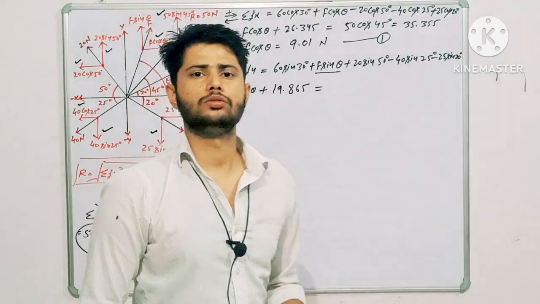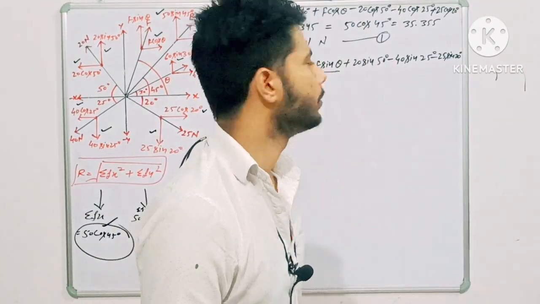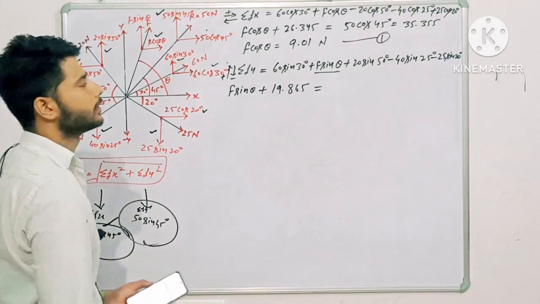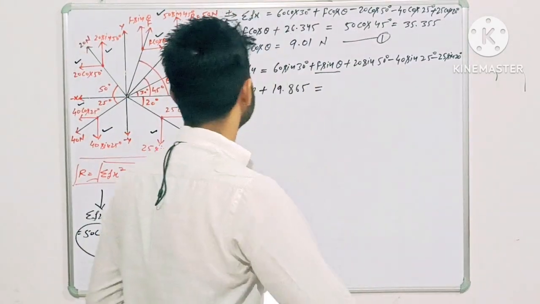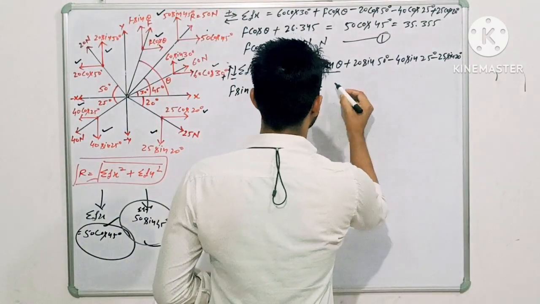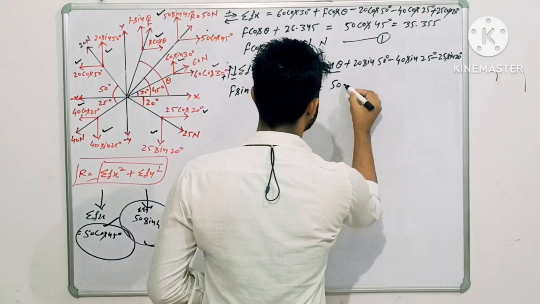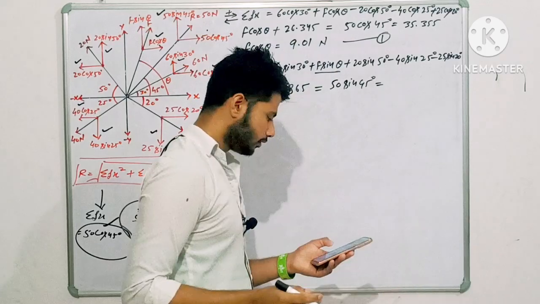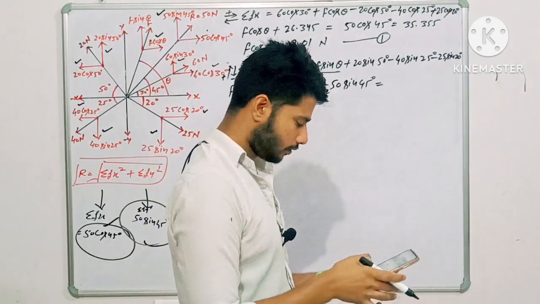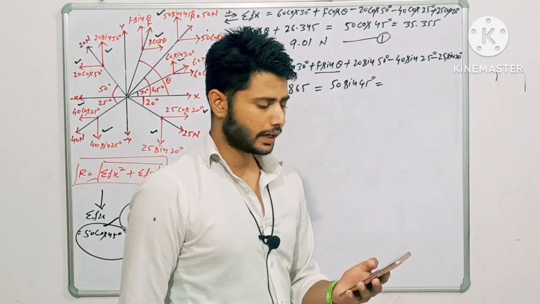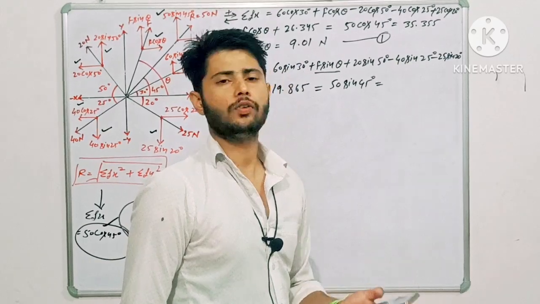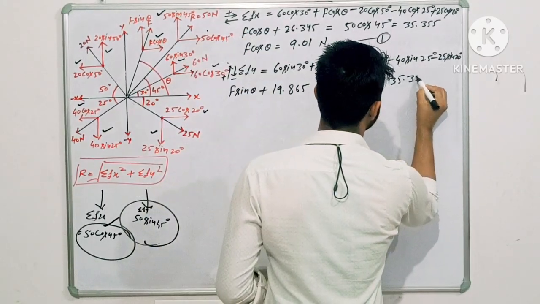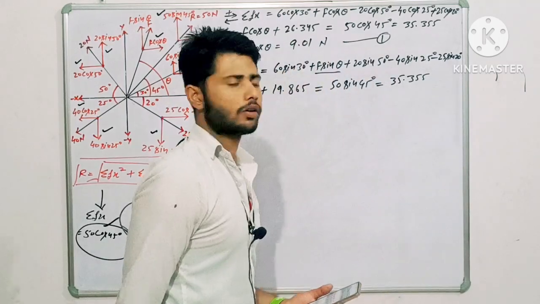This equation will be equal to the summation of all the vertical forces, because we are doing summation of all the vertical forces here. So 50 sine 45 degree will be equal to 35.355.